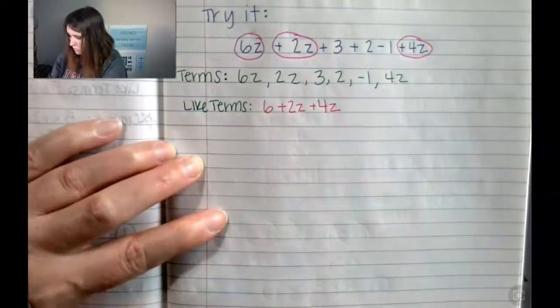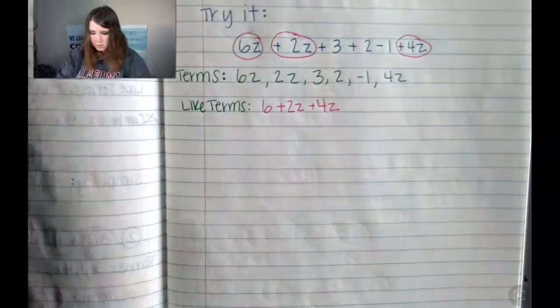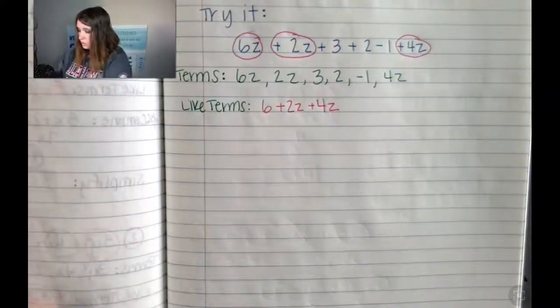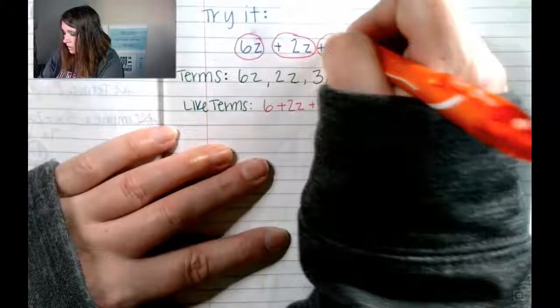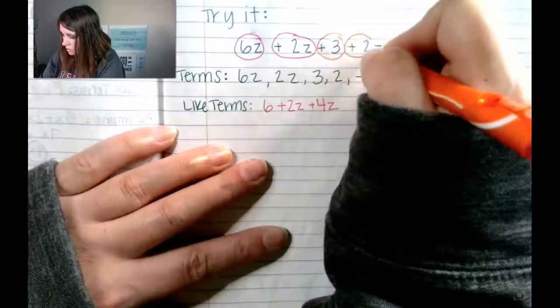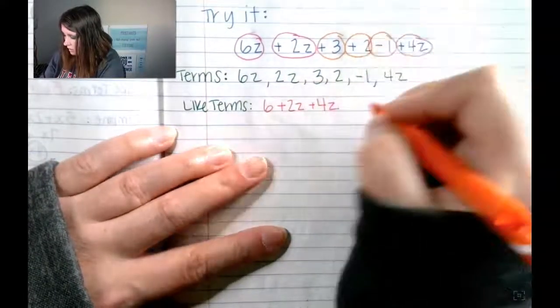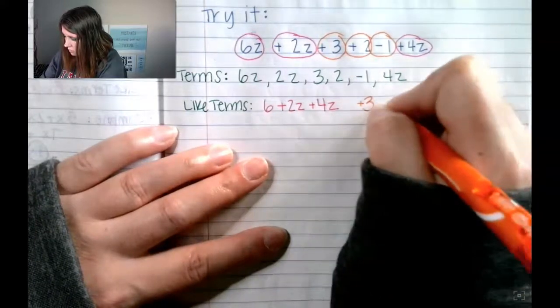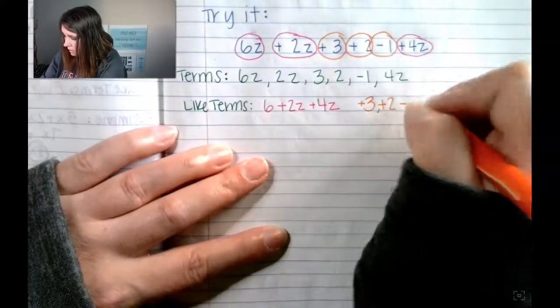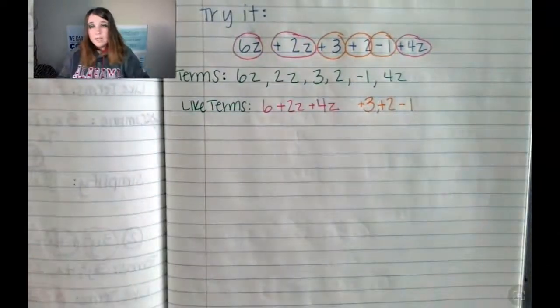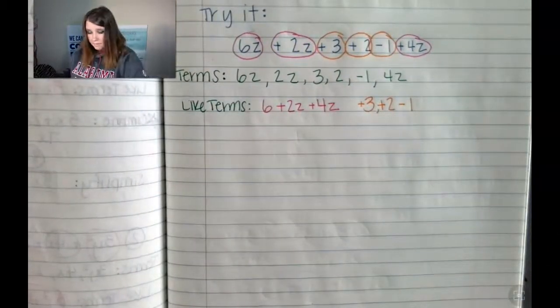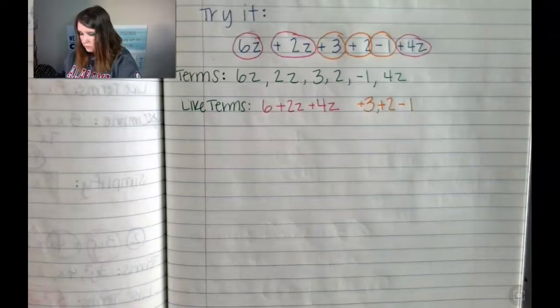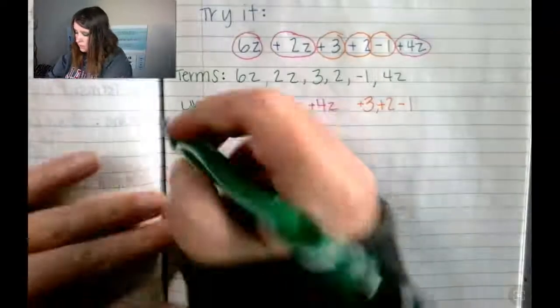Let's use orange, I'm trying to find a different color that will stand out. Okay. 3, 2, negative 1. So 3 plus 2 minus 1. All right. Now we're going to combine them together. Combine our terms.